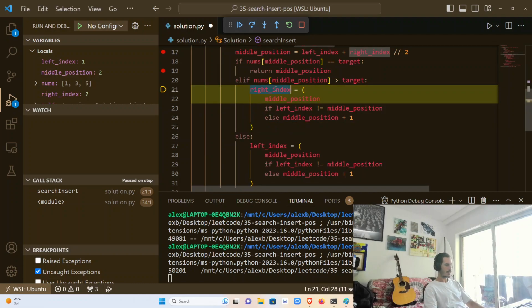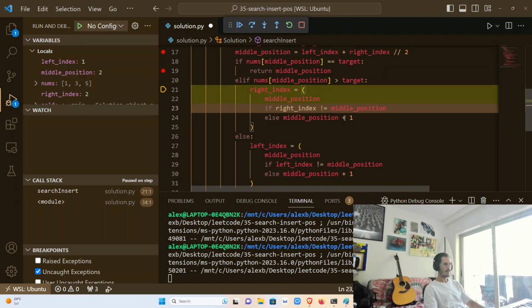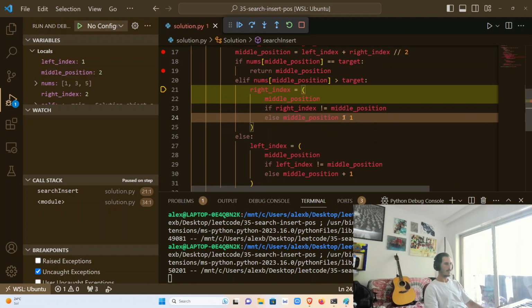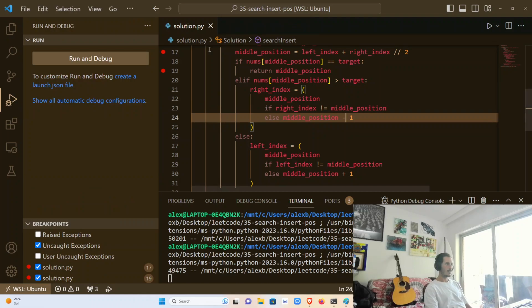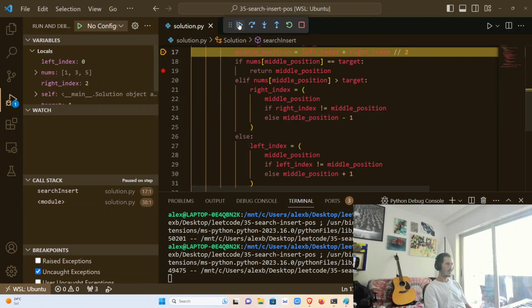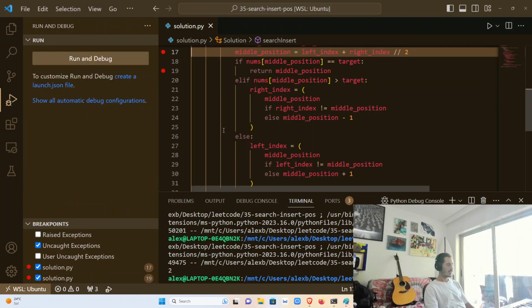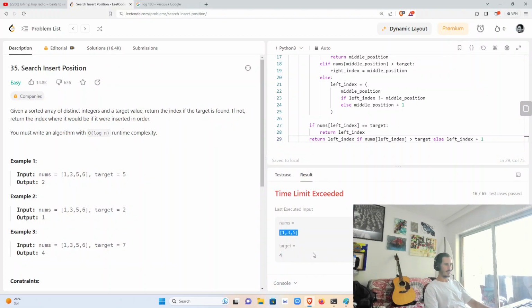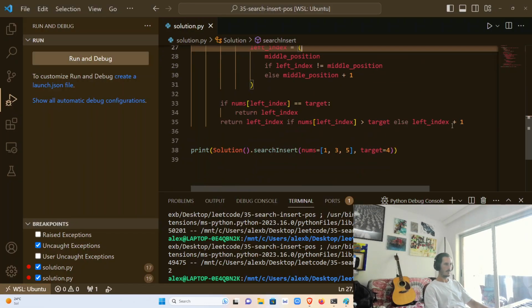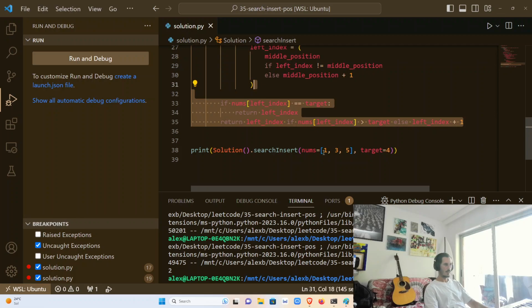If right index, it should have the, oh, okay, that's 0, 1, 2, yeah.